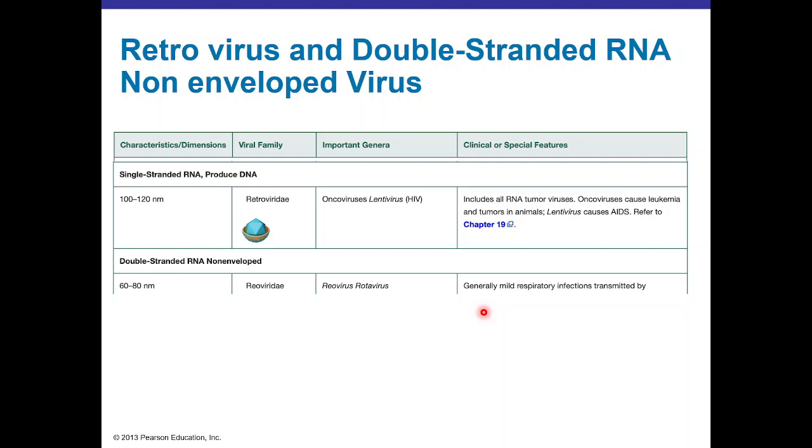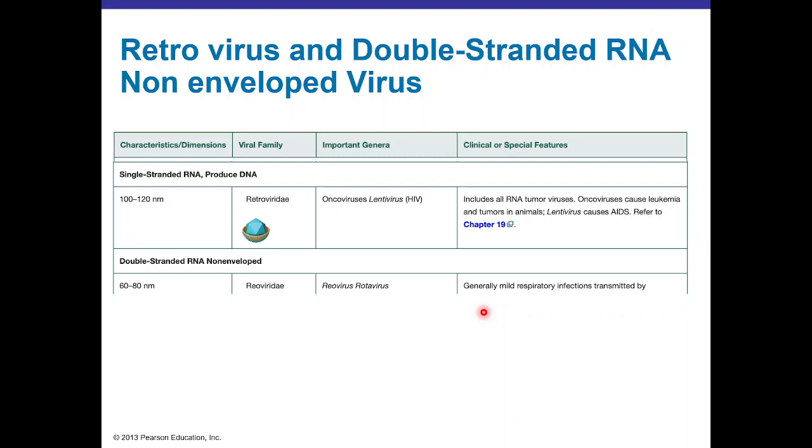Retroviridae and double-stranded RNA. Most of the RNA viruses are single-stranded, with the exception of the Reoviridae family members like reoviruses or rotaviruses. These are double-stranded RNAs that are naked.